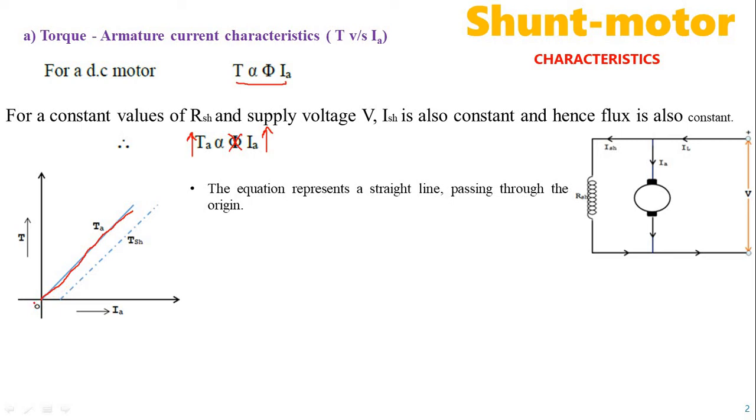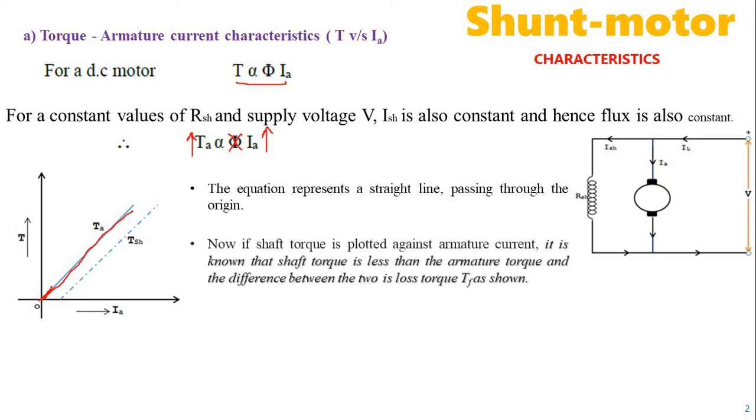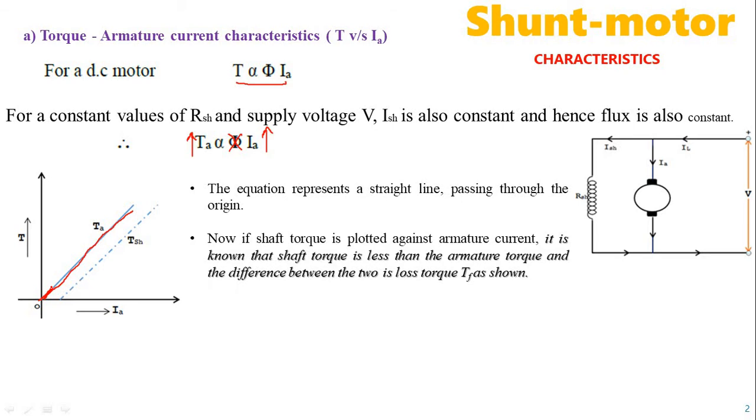During no load also, the armature torque will be produced. If you plot the shaft torque against armature current Ia, the value of shaft torque is always less than the value of armature torque.